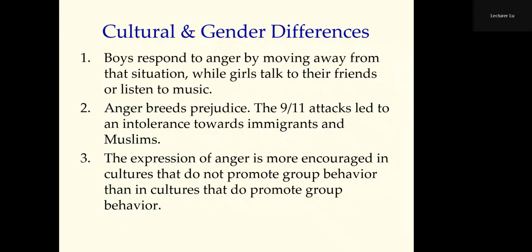And in collectivism, like in China or other countries, people may feel that if you express your anger or other negative emotions, it will make the group or the atmosphere very awkward. It's not nice to express your negative emotions. It's better if we just suppress them in our mind and not display them.